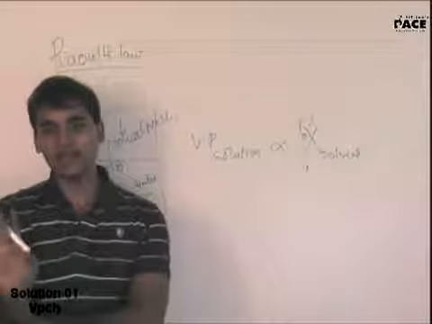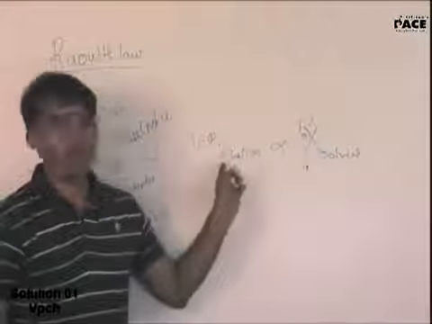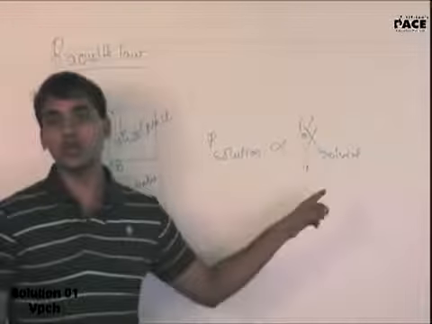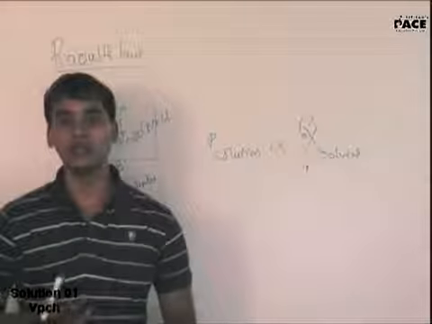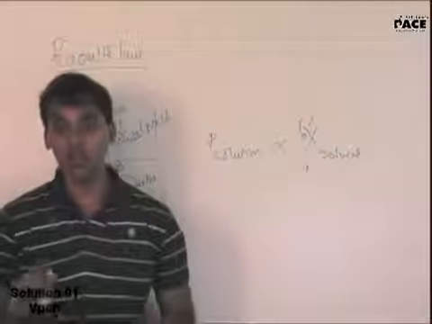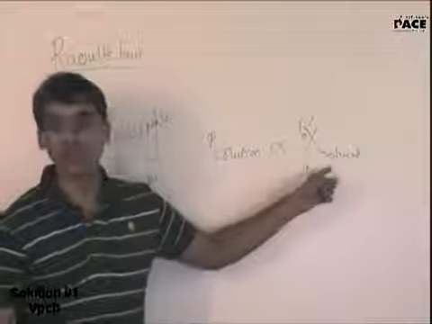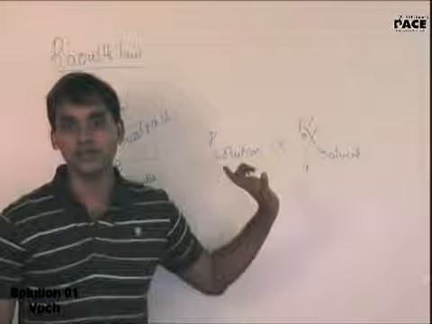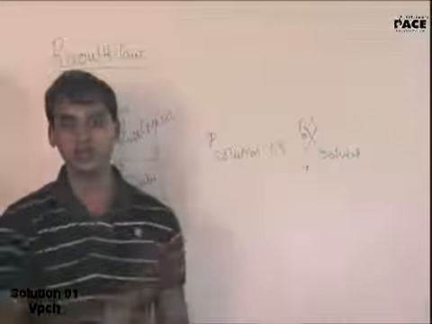Total moles are Na plus Nb. So after this whole mixture, I can say the pressure due to this whole solution is proportional to the mole fraction, which will be Nb upon Na plus Nb. Do not get confused by the first colligative property, because in that case it is X solute. Here it is X solvent. Are we clear? Next class we will do it again.